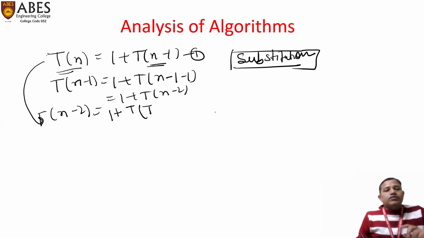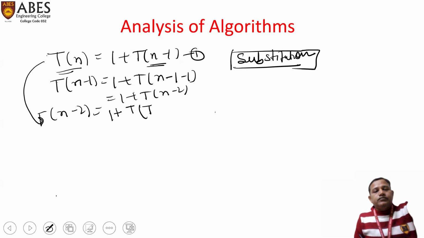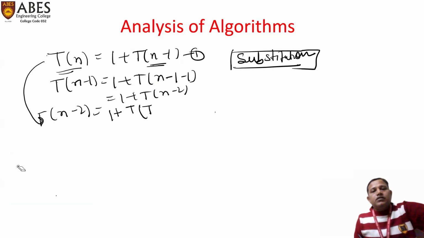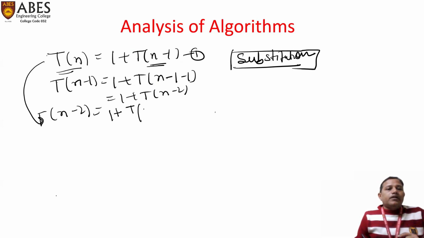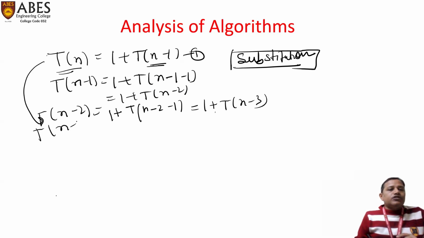That is T(n minus 2 minus 1), which equals 1 + T(n minus 3). Similarly, we can also find the value of T(n minus 3). So this will be 1 + T(n minus 4), like that.